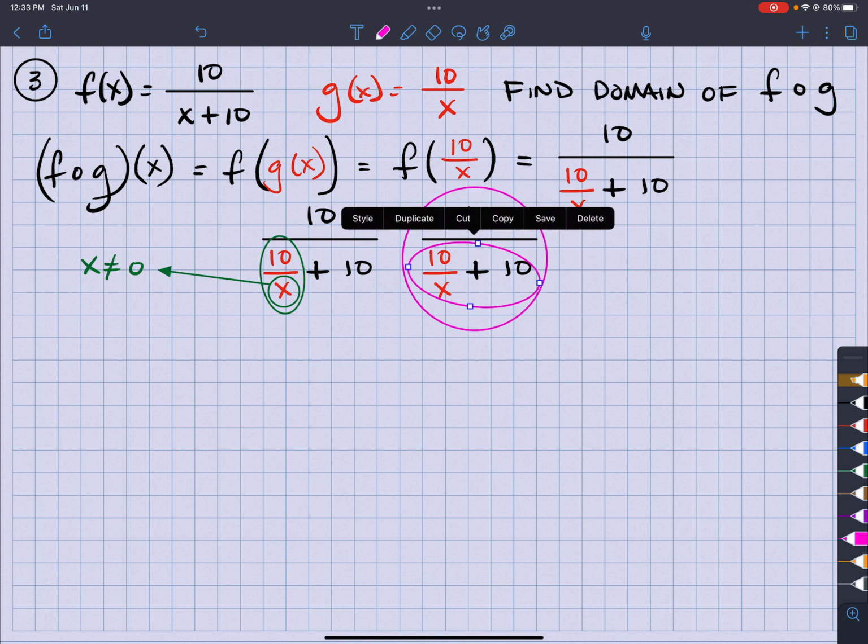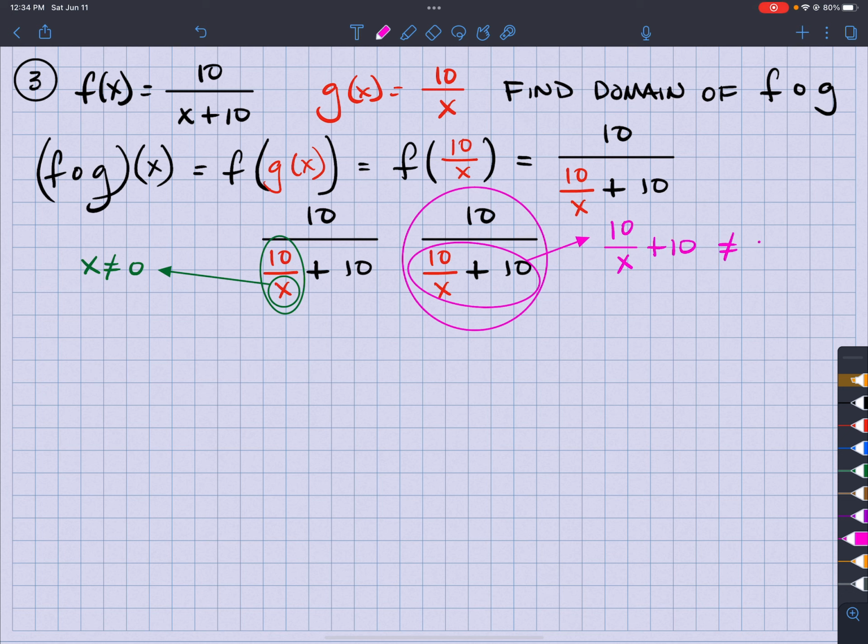So this fraction tells me that 10 over x plus 10 cannot equal 0. So in that case, I gotta solve for x, okay? So I can get common denominators if I want to. So I can do this and put it over 1.